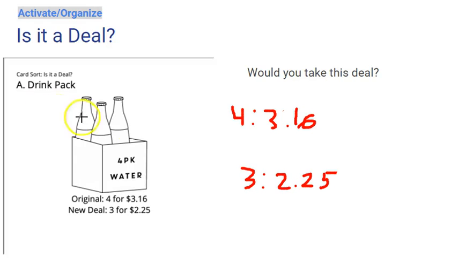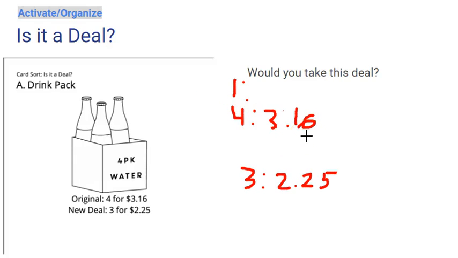Well, first thing you need to do is you need to get down to the one rate. So how much does one bottle cost? And right now we've got 4 bottles costing $3.16. And what we need to do is we need to make this into a 1 to something ratio. So to get rid of the 4 here, we have to divide by 4.